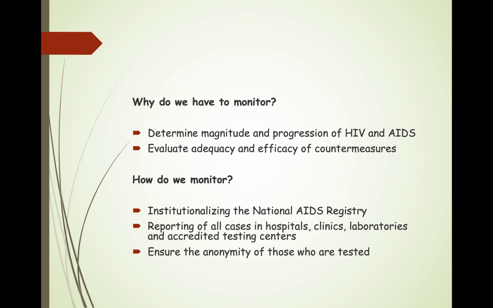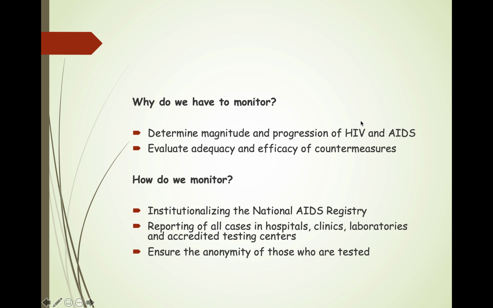So, why do we have to monitor HIV/AIDS? So, we have to determine the magnitude and progression of HIV/AIDS. So, your vital data, the morbidity and the mortality rates, are very important in the next step of the government, of the DOH. So, whether they're going to impose more programs or free treatment or whatsoever that will be, they should be guided by those information, by those vital data.